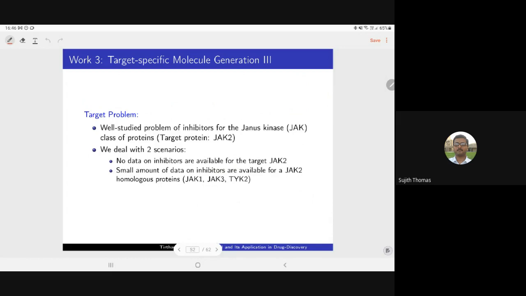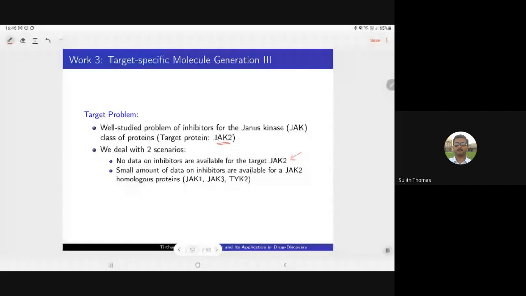So we're interested in this target problem. It's a very well-studied problem over the years in computational biology and chemistry. We're dealing with the Janus kinase class of proteins, and the target protein is JAK2. And we deal with two different scenarios. In the first, no data on inhibitors are available for target JAK2.